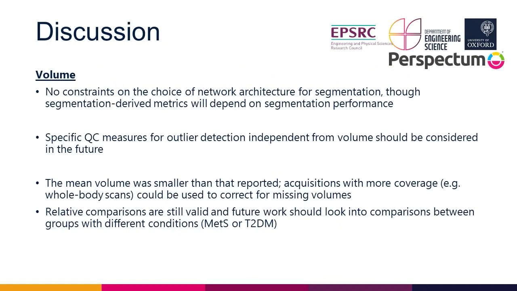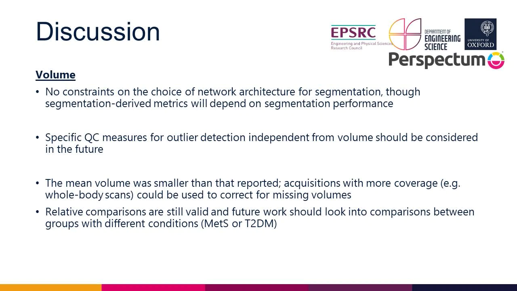In our volume work, we placed no constraints on the choice of network architecture used for segmentation, though we observed that segmentation-derived metrics will depend on segmentation performance. We used volume thresholding for QC, but we think that specific quality control measures for outlier detection that are independent from volume should be considered in the future.